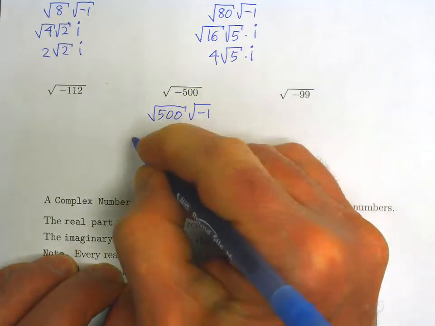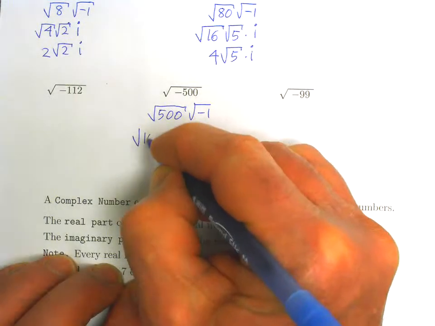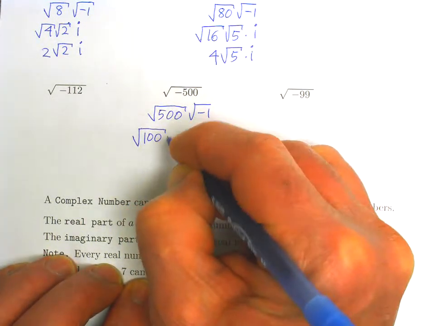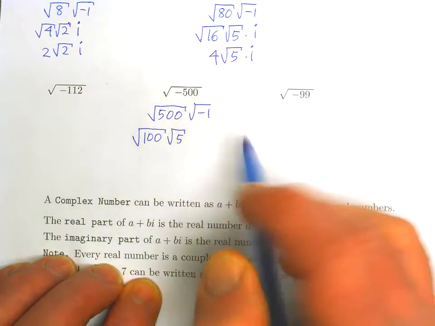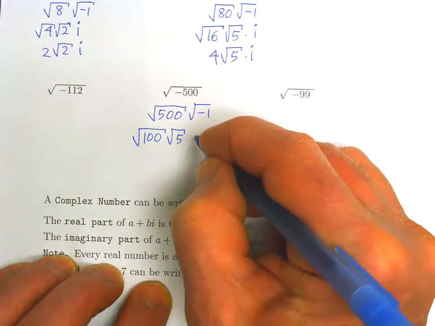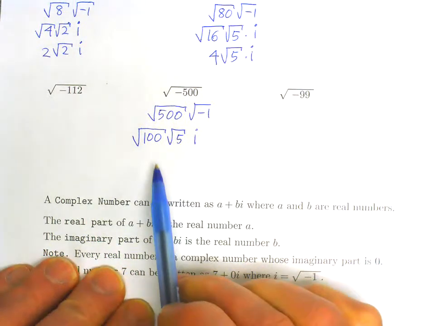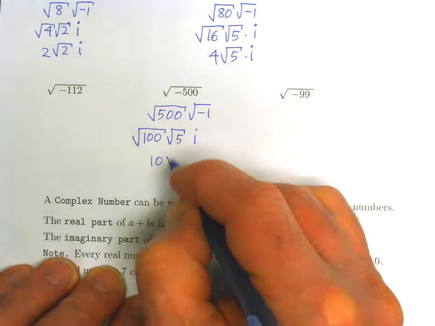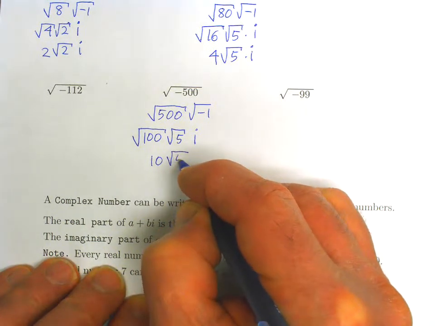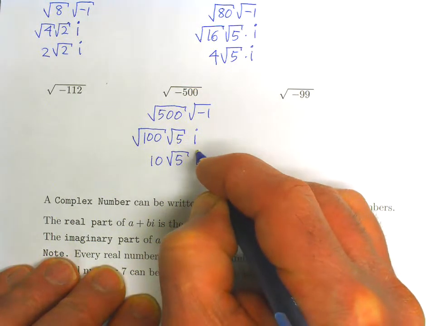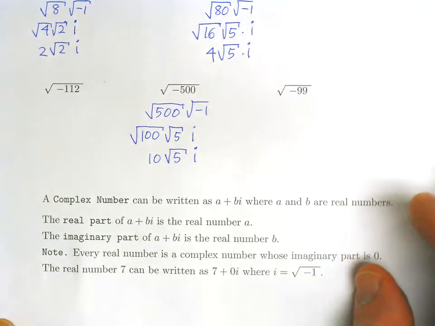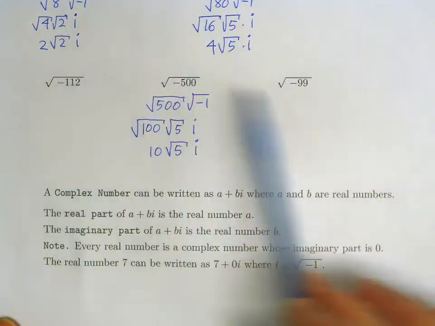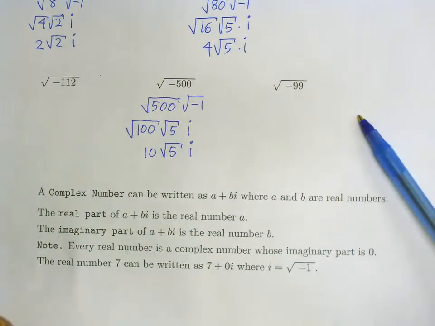So we can rewrite that as the square root of 100 times the square root of 5, and then replace the square root of -1 with i. And then the square root of 100 is 10. So our final result is 10 times the square root of 5 times i. Okay, I'll leave the other ones for you to do. Those aren't really too hard.